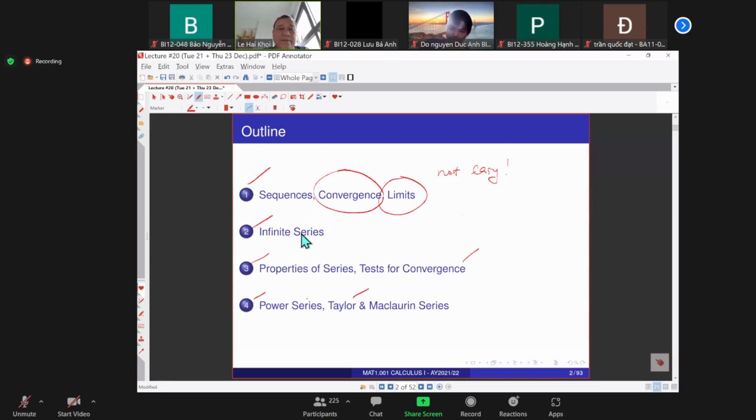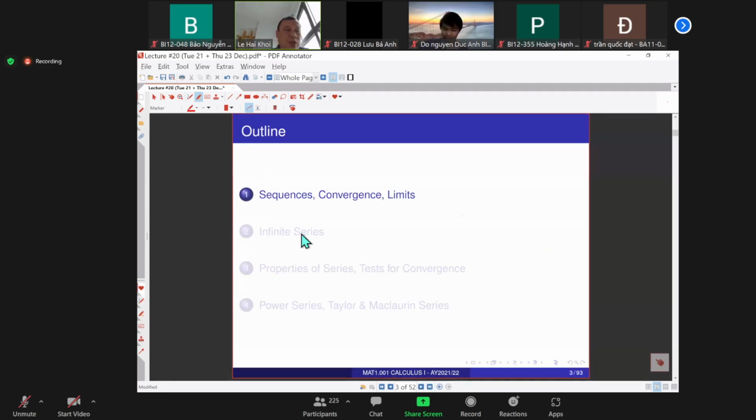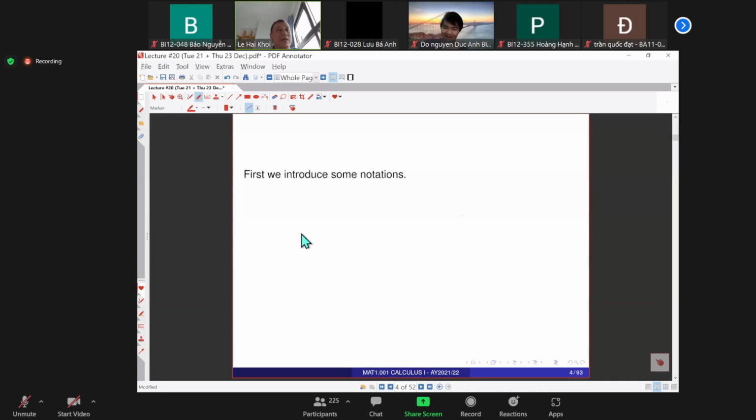Now, first, how about sequences? We introduce some notation we use in this course. Maybe we already talked about that, but I mention it again because it relates to sequences and series.